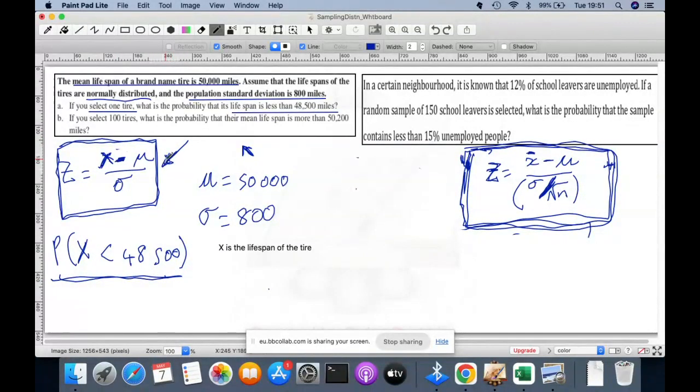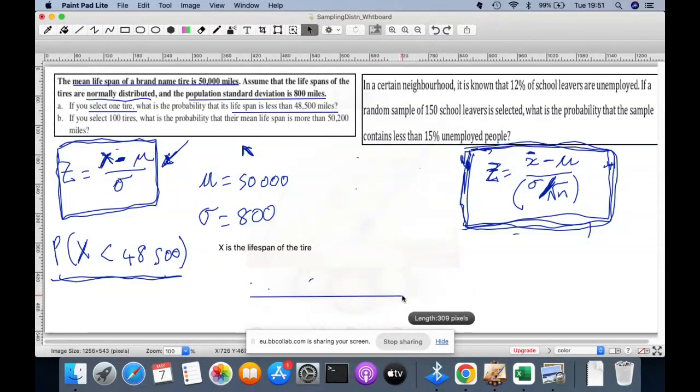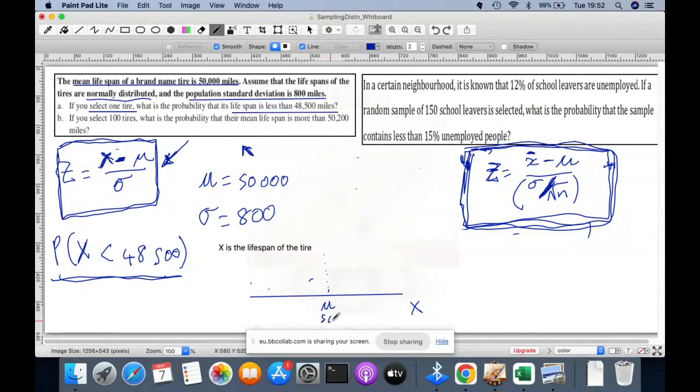Just like we did in the last session, remember what they're asking us, right? So if I draw it, so here is, let's draw your x-axis, right? So x here is on this axis, so x is the lifespan of the tires. X is centered at 50,000 because that's your average, right? So this is your mu. Your mu is 50,000, which is here. All right.